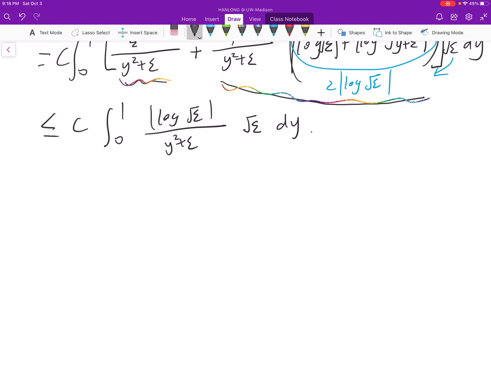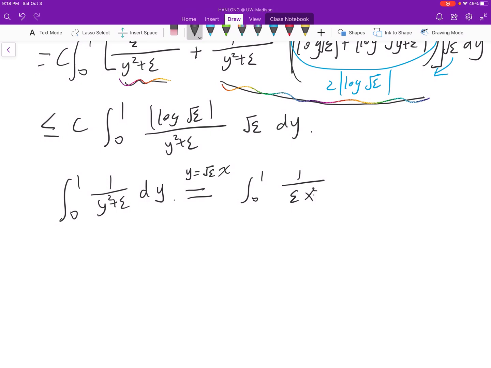Okay, let's see if we can bound this guy. So first, what is the integration of 1 over y squared plus epsilon dy? We use substitution. y is square root epsilon x, and then you have 0 to 1 over square root epsilon, 1 over epsilon x squared plus 1, d of square root epsilon x.